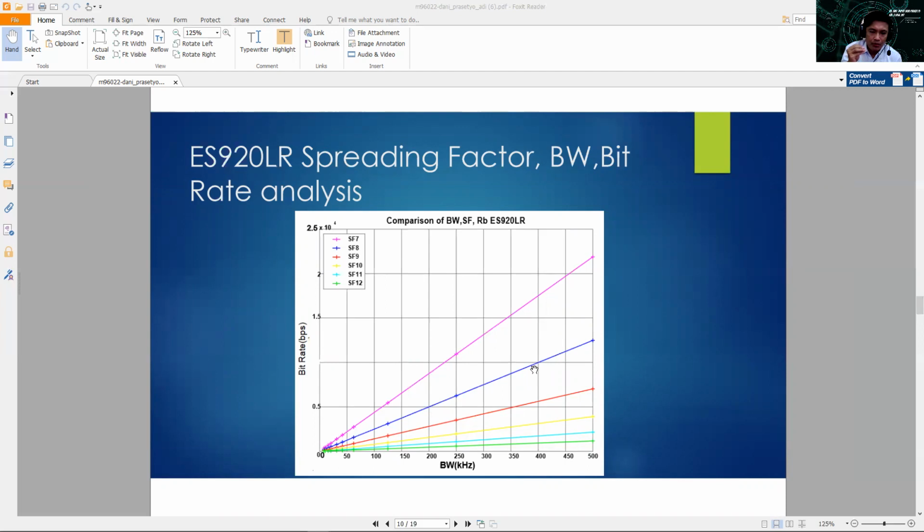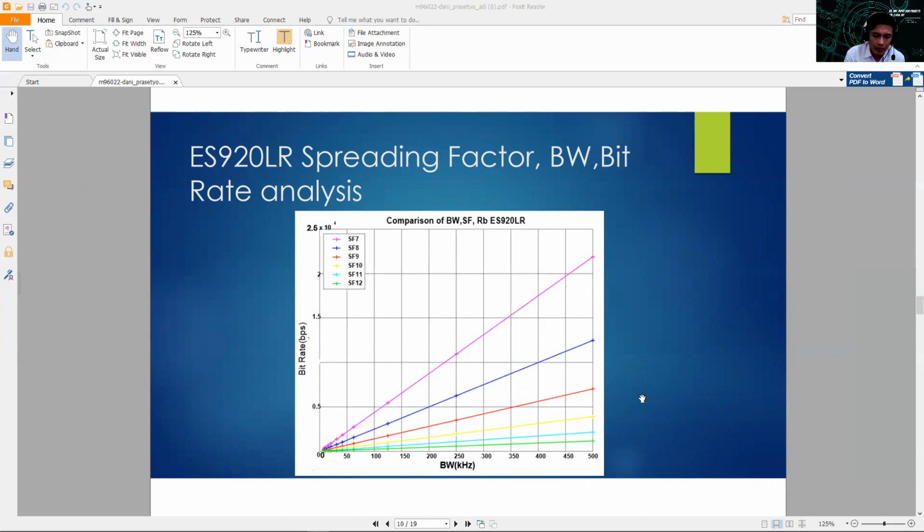But at spreading factor 12, we get a very small bitrate in bps, less than 0.25 bit per second. So this is a comparison with bandwidth. Bandwidth is an important parameter. With high bandwidth, the data transmission speed is very fast, and the bit rate is high.